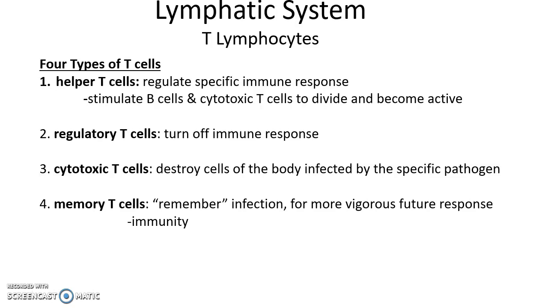So, say you have an influenza, a flu infection, a virus is infecting some of your cells. You will have certain helper T cells that fight influenza, activate the cytotoxic T cells that are specific for influenza, and then they will find the cells infected by the virus and destroy them.